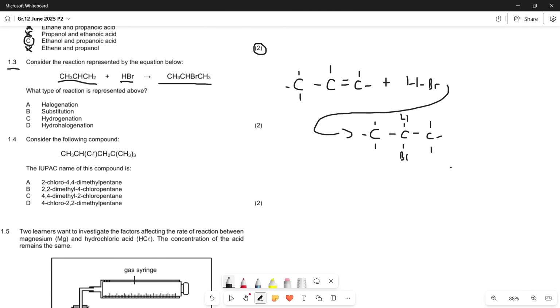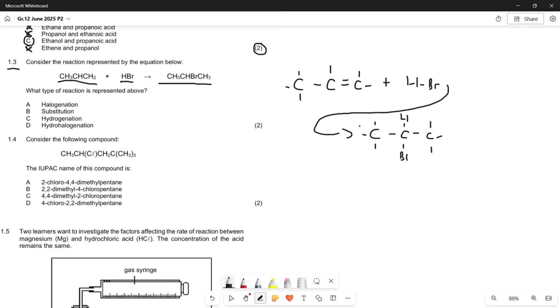So we can visualize it a bit easier. What we're dealing with is something going from 2 reactants to 1 product. So it is some type of addition reaction, because a double bond is breaking and we are adding this. Elimination is just working backwards, going from one thing, eliminating it, separating it, and forming a double bond or a triple bond, for example. The reason I'm mentioning that is because B is substitution.